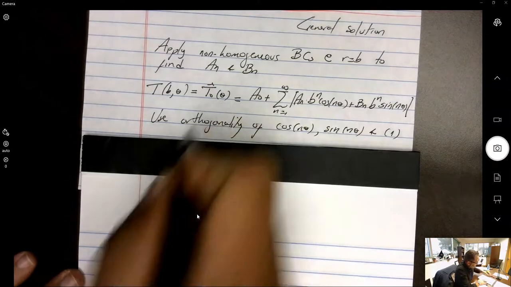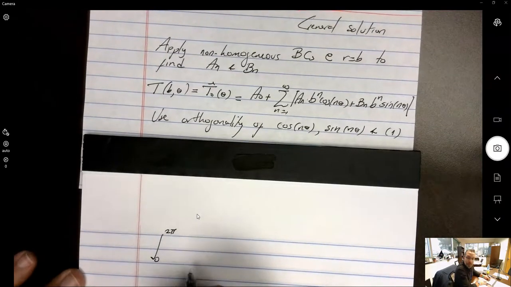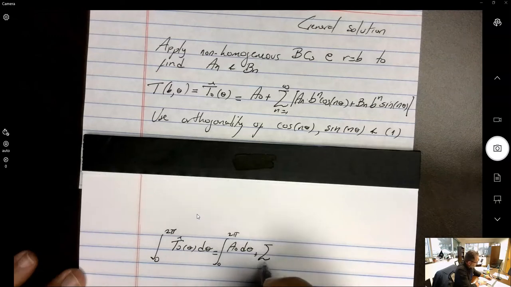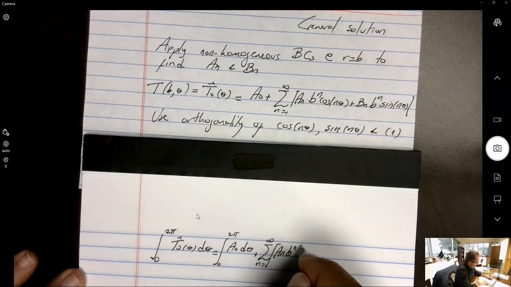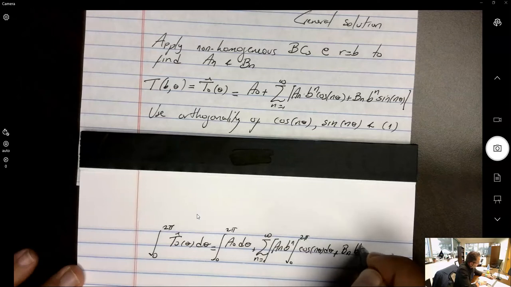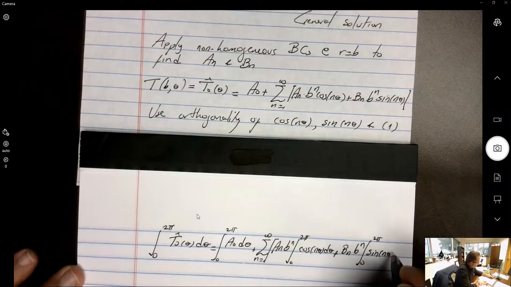And integrate over the domain of theta, which is the integral from 0 to 2 pi of T0 of theta d theta, which should be equal to the integral from 0 to 2 pi of a0 d theta plus the summation from n equal 1 to infinity of an b to the n, the integral from 0 to 2 pi of the cosine of n theta d theta plus bn b to the n integral from 0 to 2 pi of sine of n theta d theta.